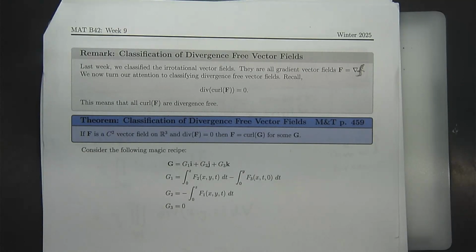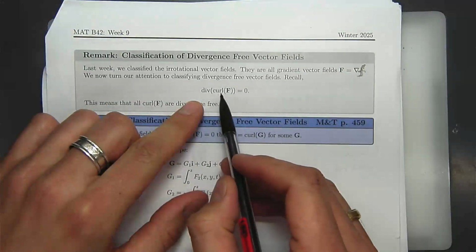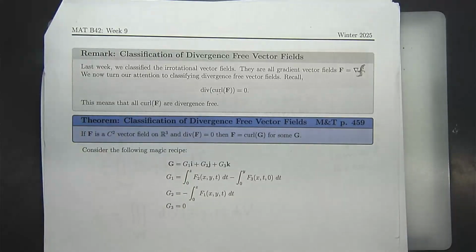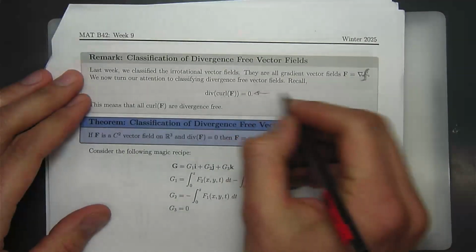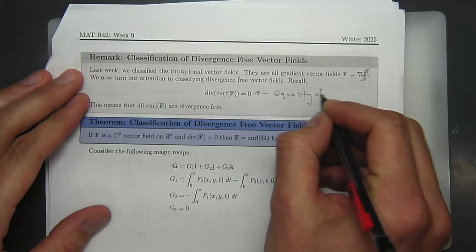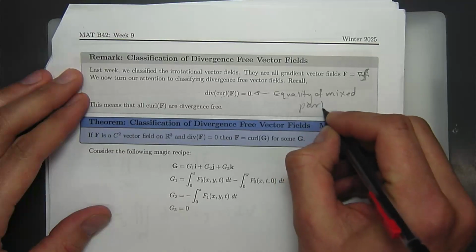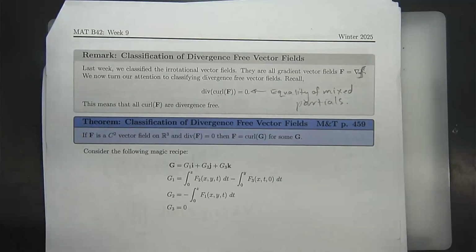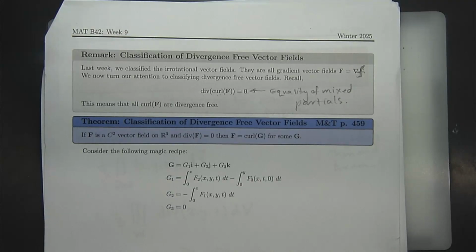So we know that divergence of a curl is always 0. We check that. This is essentially equality of mixed partials. So we know that all curls are divergence-free. All right, great.